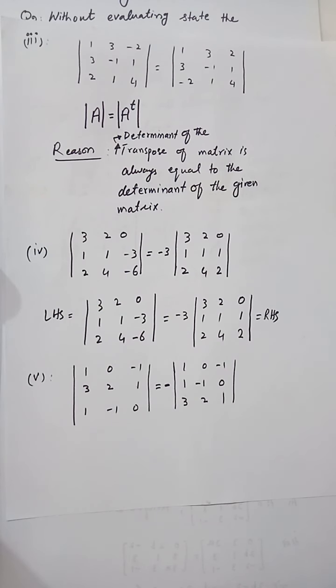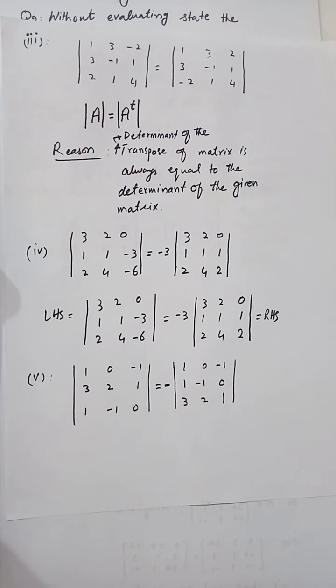Remember, when you interchange two rows or two columns, there must be just a sign difference between the determinants of those matrices.